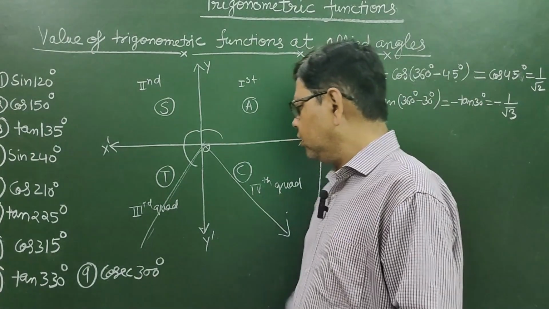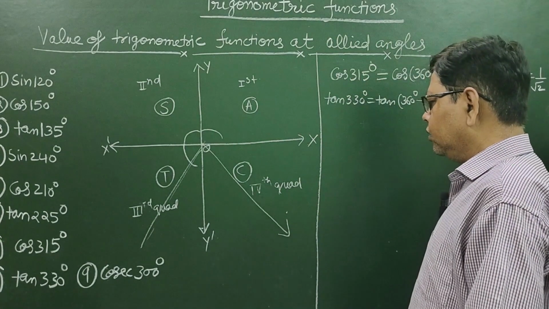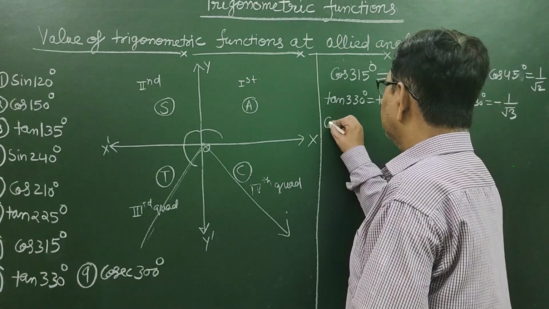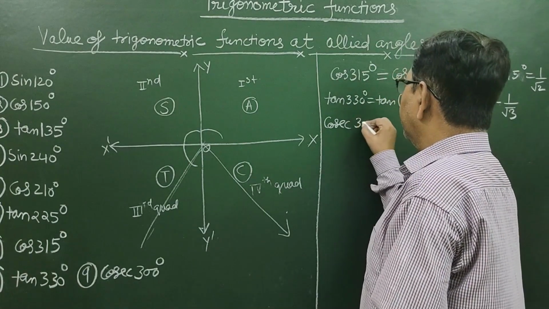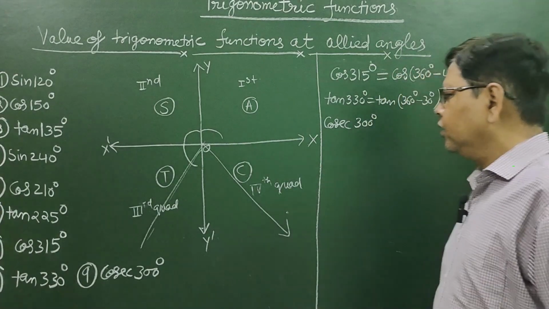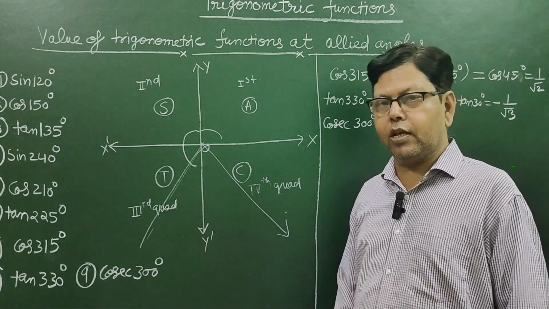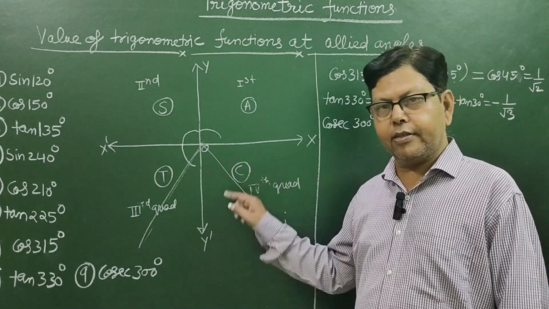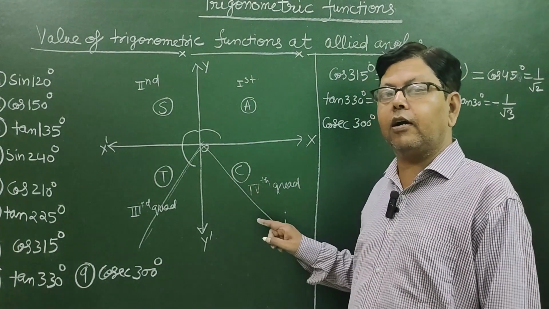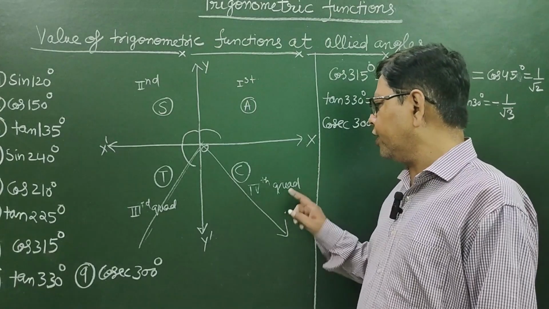Then one more trigonometric function, cosec 300 degree. Again, the 300 degree angle is more than 270, less than 360. It lies in the fourth quadrant.